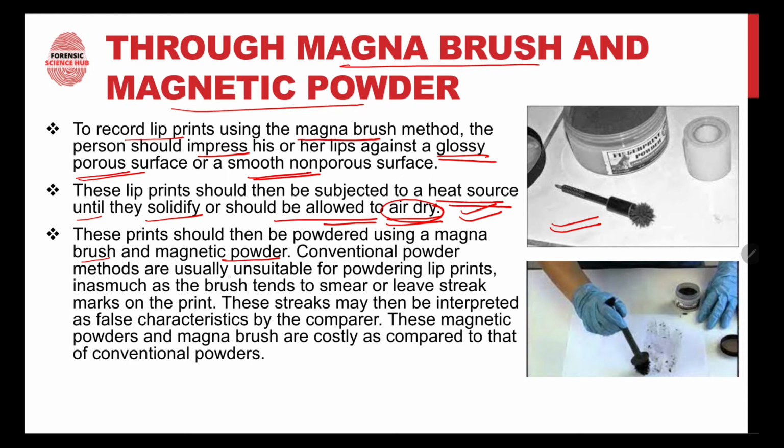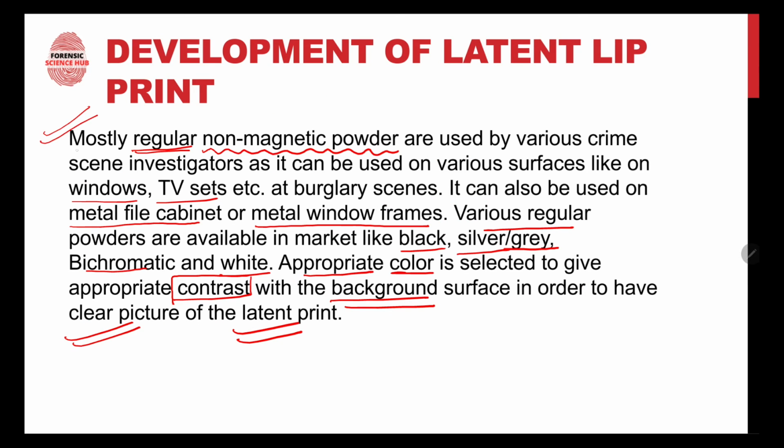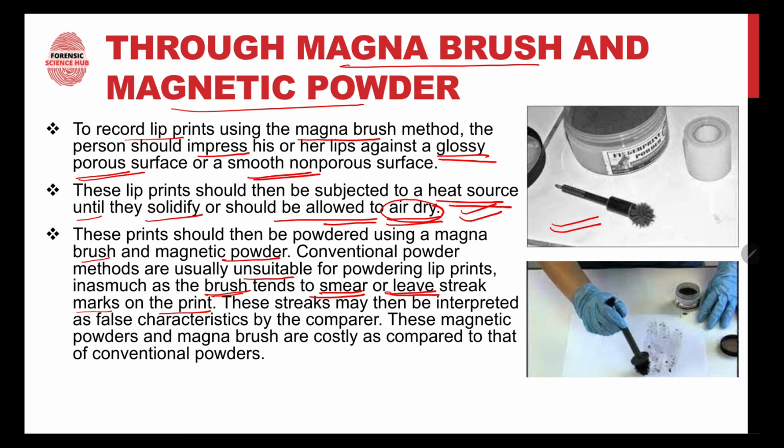Conventional powder methods are usually unsuitable for powdering the lip prints because the brush tends to smear or leave streak marks on the print. The first point was that mostly the regular non-magnetic powders are used because the brush tends to smear or leave streak marks on the print. Hence, we don't get a proper lip print.